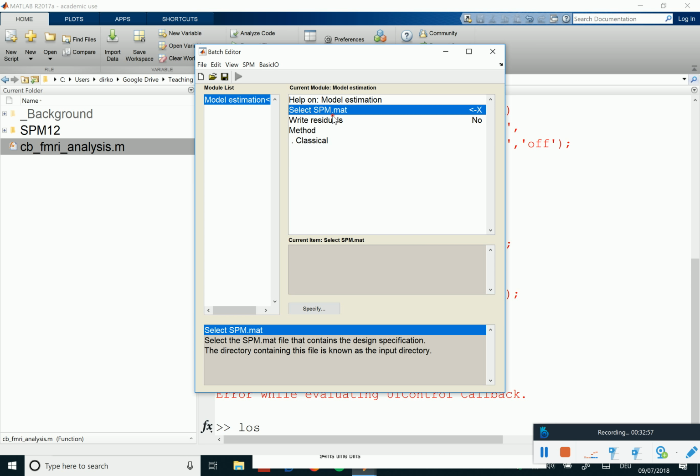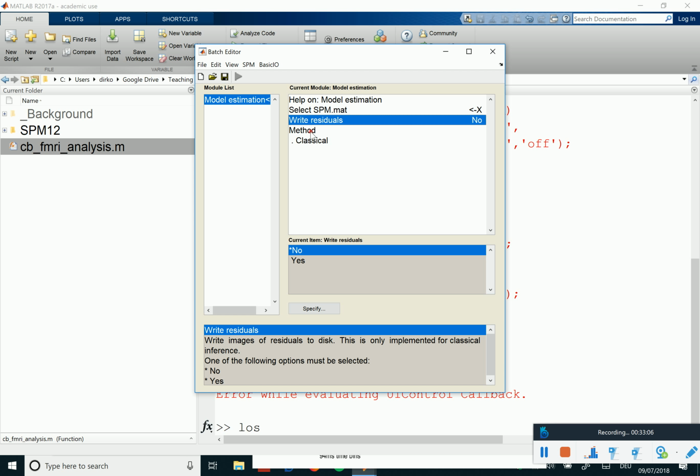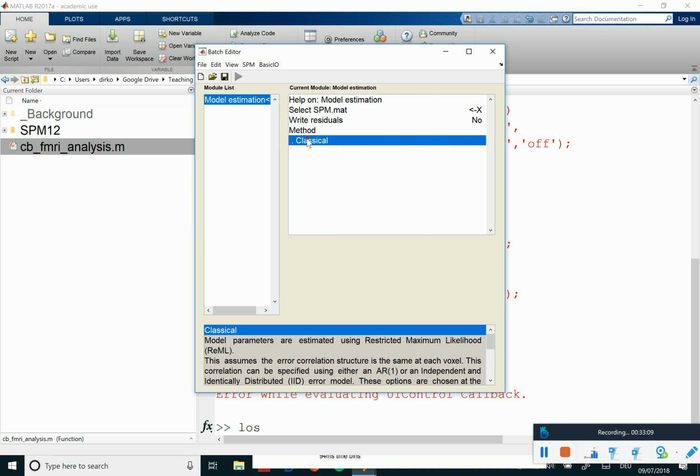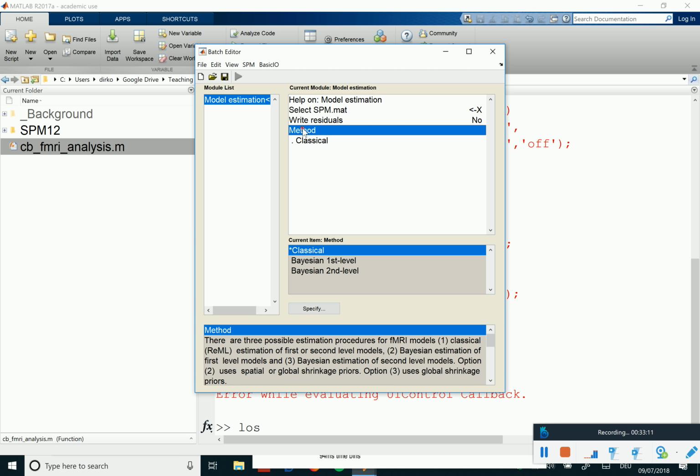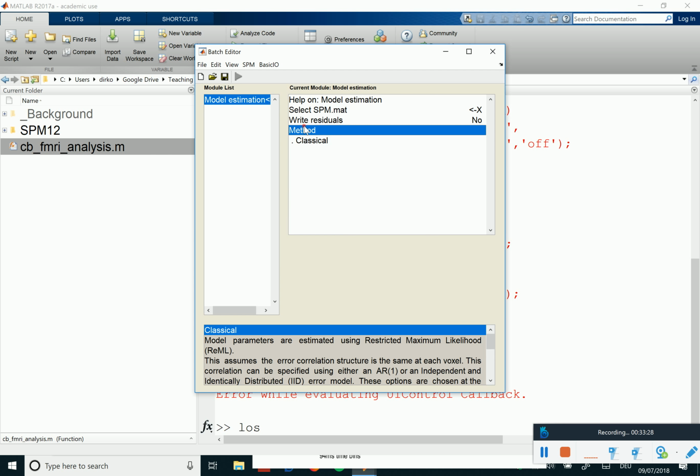Of course, the SPM.mat file holds the information about both the data and the GLM design. And then the only question you need to answer for yourself is whether you want to estimate this in a classical or a Bayesian way. The classical meaning a restricted maximum likelihood estimation procedure as described in the papers by Friston et al. 2002 and again described in Stark and Ostwald 2017. And there is some Bayesian estimation that nobody uses.